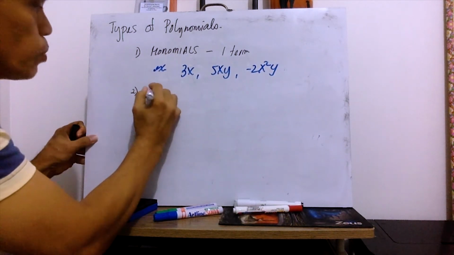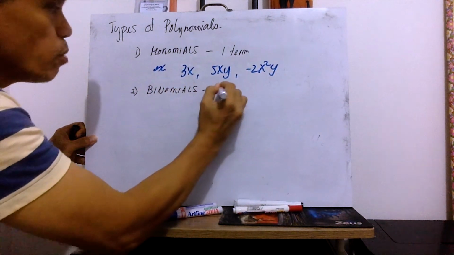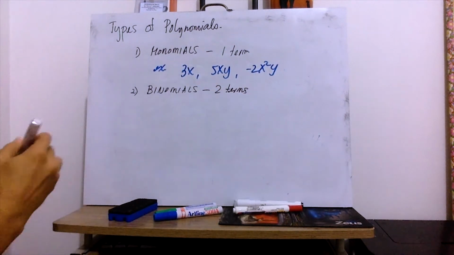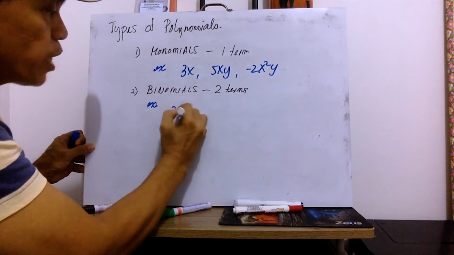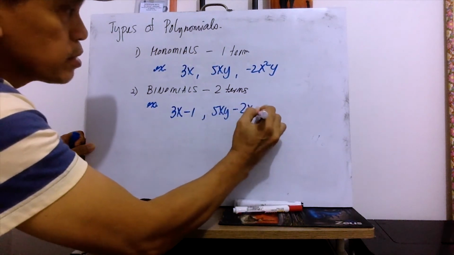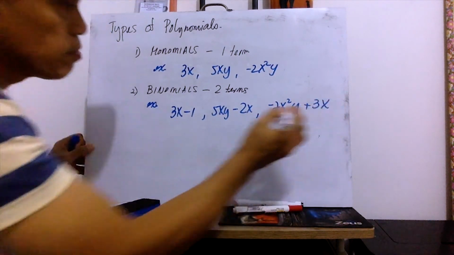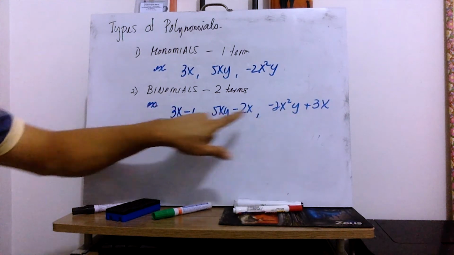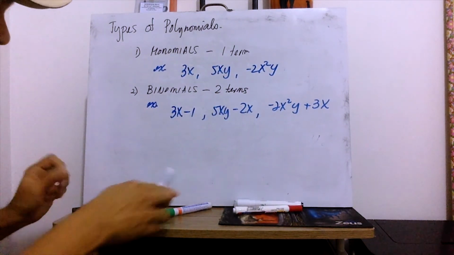Second type, we have the binomials. So binomials means two terms. And what are examples? 3x minus 1, 5xy minus 2x, negative 2x squared y plus 3x. If you have two terms separated by a plus or a minus, it becomes a binomial.